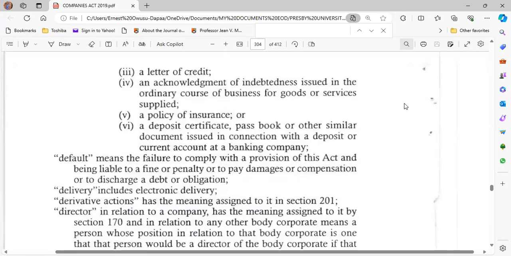Then (V), a policy of insurance. If the company has issued an insurance policy to you, you pay your premium. That is sort of like a debt, so to speak.